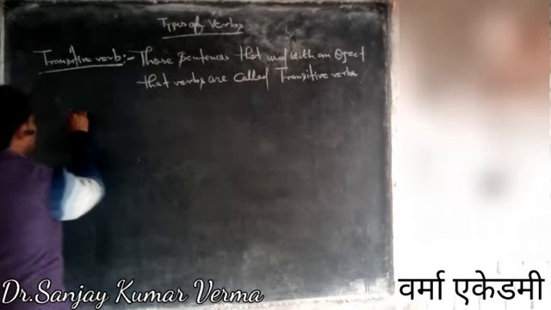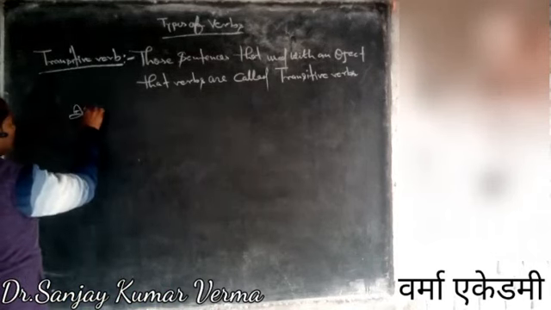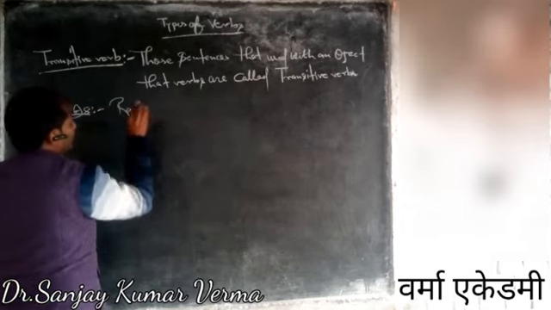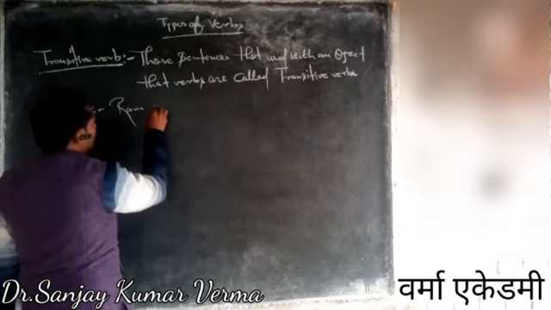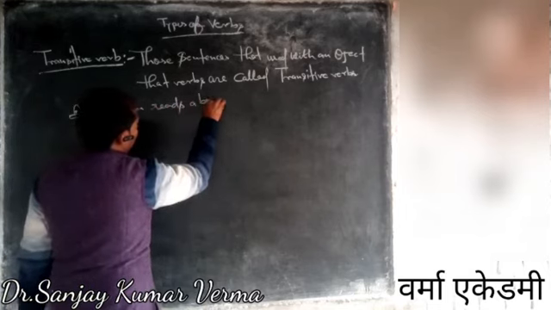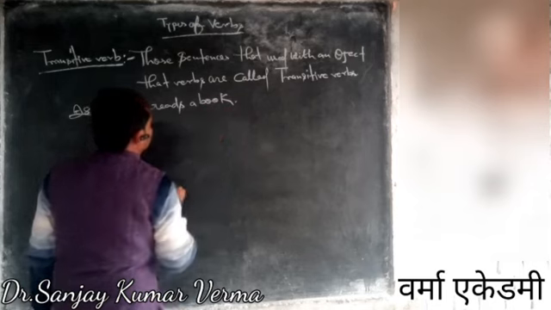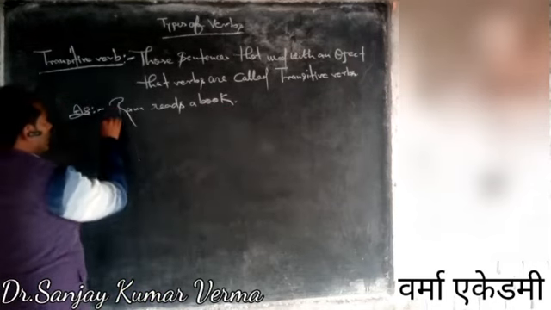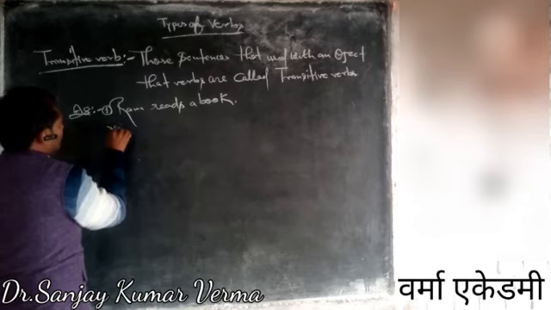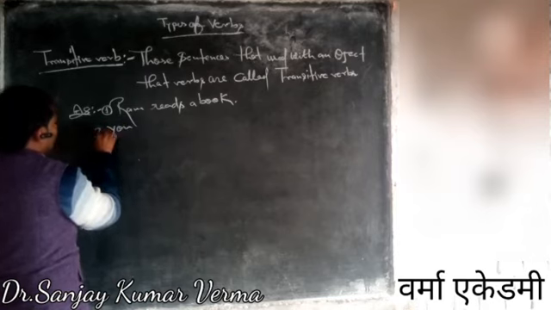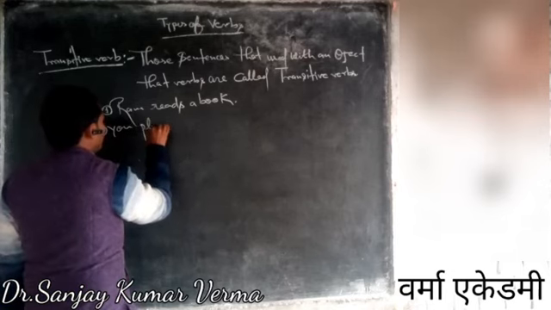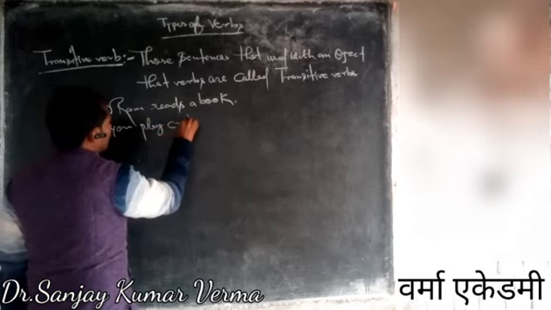Try to understand. Ram reads a book. Number second, you play cricket.